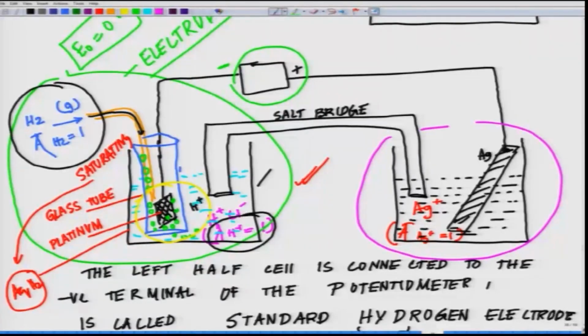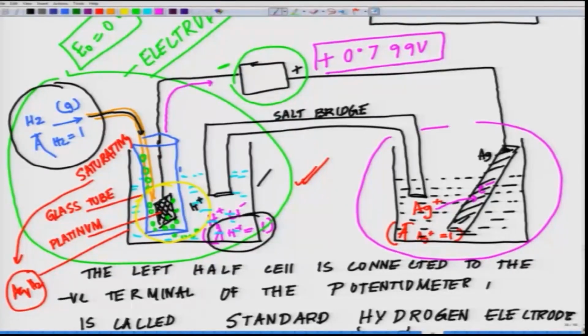Silver is a surface that is getting reduced: Ag plus from the solution deposits here and looks for an electron. The electrons are flowing from the hydrogen electrode, and what you observe on the meter is a positive 0.799 volt. Why is this important?